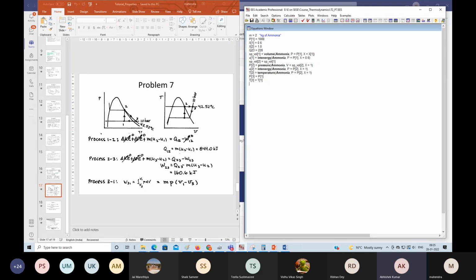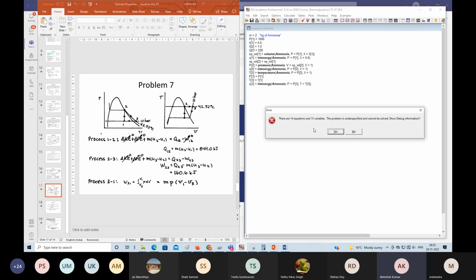Then now we need to calculate U3. U3 equal to internal energy of ammonia, and then P equal to P3, comma T equal to T3. Then how much is it giving us? What is this?